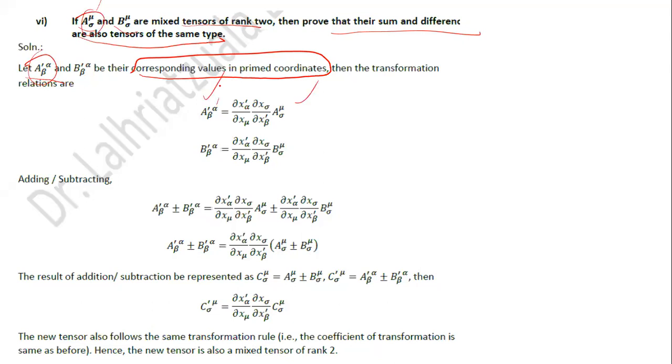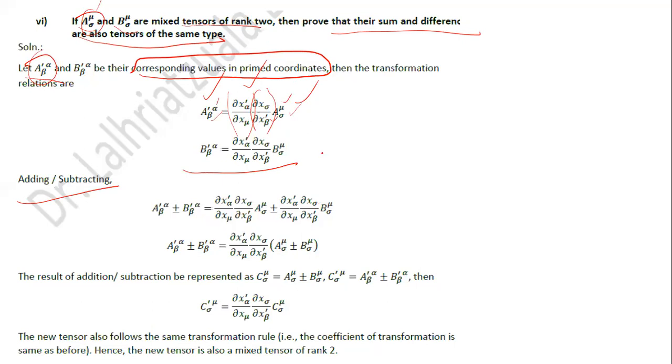Here we see that alpha is a contravariant index, and mu is a contravariant index. So correspondingly, the transformation coefficient will be like this. Beta and sigma are the covariant indices. The corresponding transformation coefficient will be like this, so that the prime coordinate variable is in denominator here. Similarly, we can also write for this. Now you can perform either addition or subtraction.